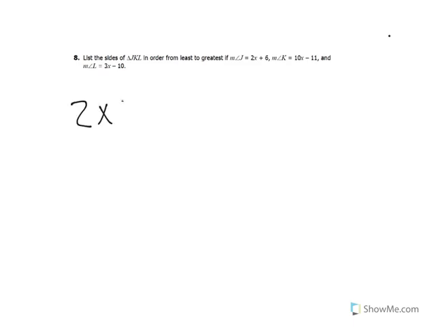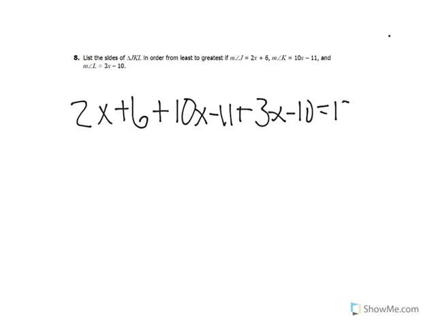So 2x plus 6 plus 10x minus 11 plus 3x minus 10 has to equal 180.